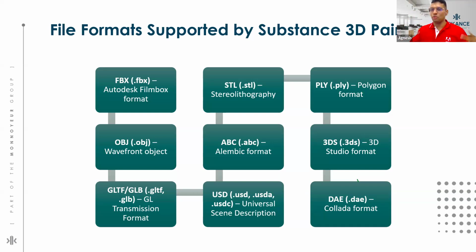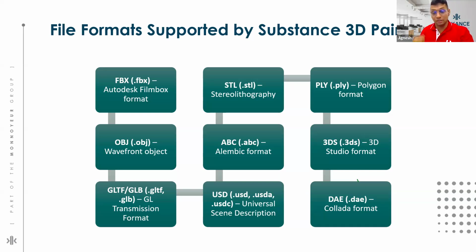It won't have that much weight, right? USD carries all the information about your texture, your lighting, and everything within that particular format. The rest of the formats I discussed earlier don't carry those inputs. USD does. So that's one of the best parts already there in 3D Painter.